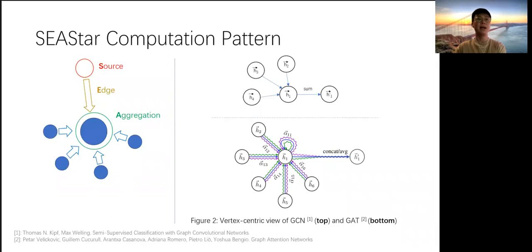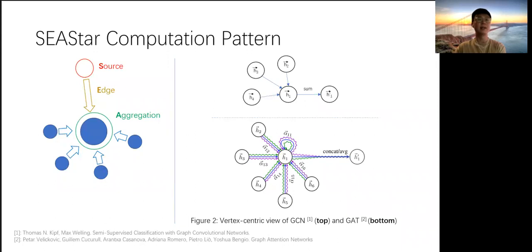The computation pattern of GNN can be characterized as Seastar, and we illustrate with the left figure. The pattern of a GNN layer is like a star from the view of a single vertex. GNN datasets usually contain the graph structure and the initial feature of vertices and edges.